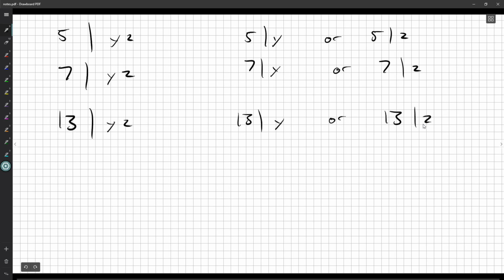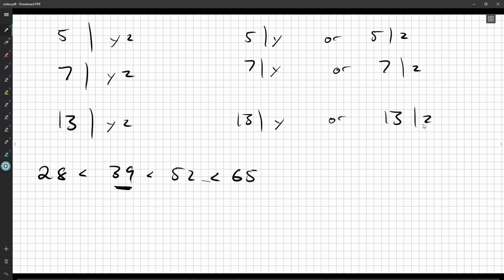All right, now I like the 13s here because one of y or z has to be a multiple of 13, and there's only going to be so many multiples of 13 in this range. I mean, 65 is a multiple of 13. 52 is the one before that, and 39 is the one before that, but 26 is before that.